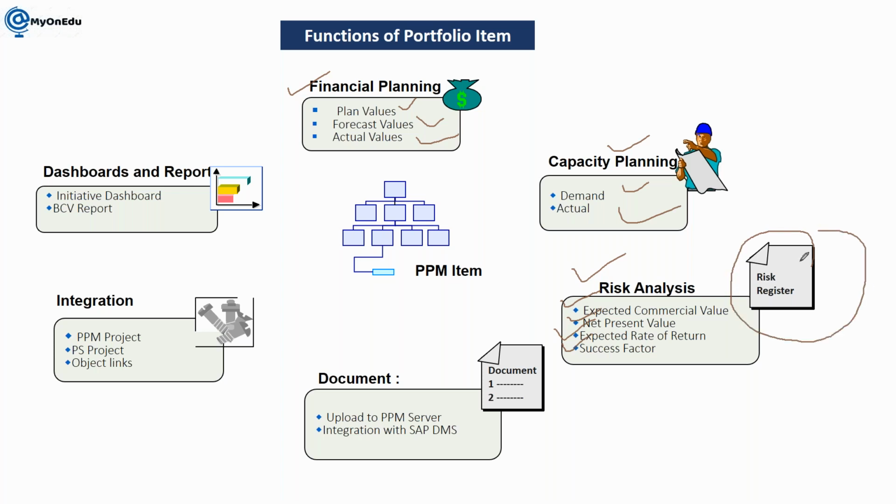We don't have a risk register, but if you are using CPM, that can be utilized there. We have a way of integrating with a DMS system. Directly you can upload the document to the S4HANA PPM system also. Then there is integration with PPM project, PS project, and integration with other objects through object link. We have a dashboard also. So these are some basic functionalities here.